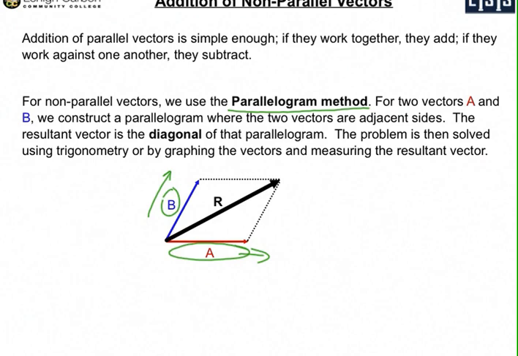When you add A and B together as vectors, your resultant is this R, this line here in the middle. By drawing a parallelogram, you can calculate what this resultant vector will be, normally using either graphing or trigonometry. You draw the parallelogram and then solve the problem that way.